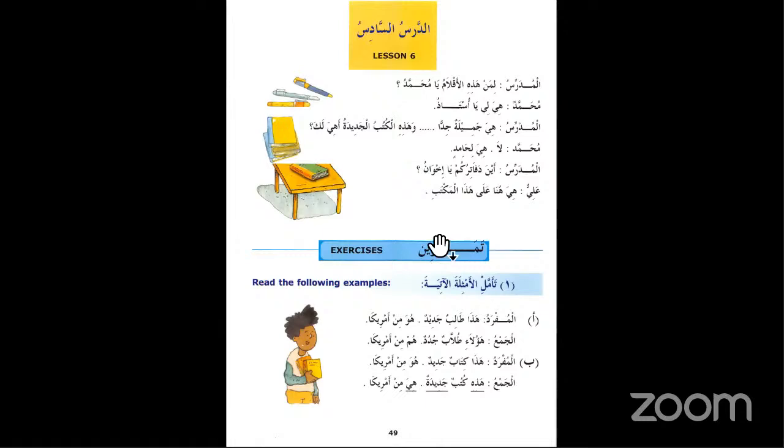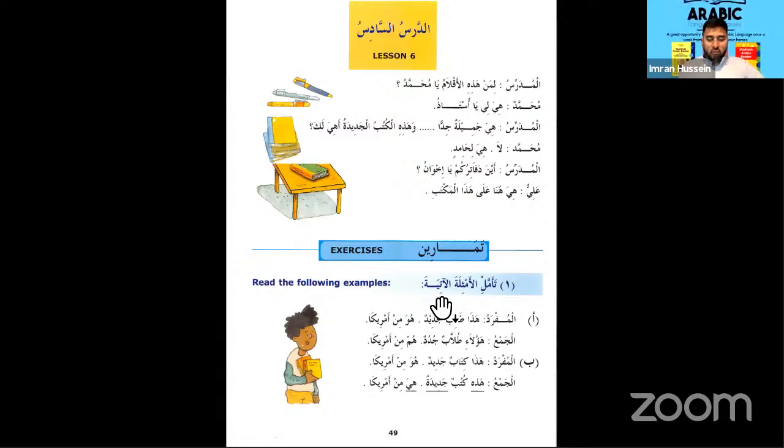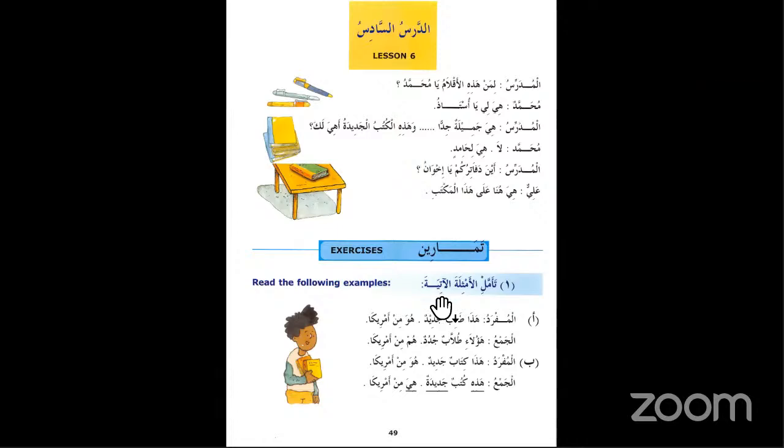I think one of them was on page 43, the last but one, where Zainab is saying Fi ayyi madrasatin antunna. Right. Which page is it? Page 43.